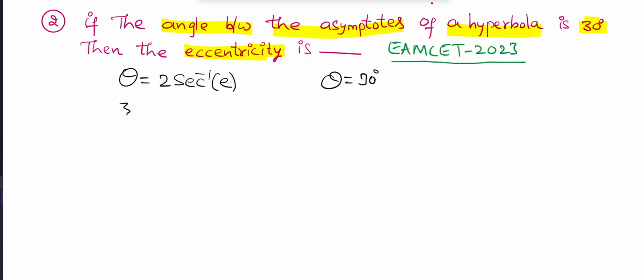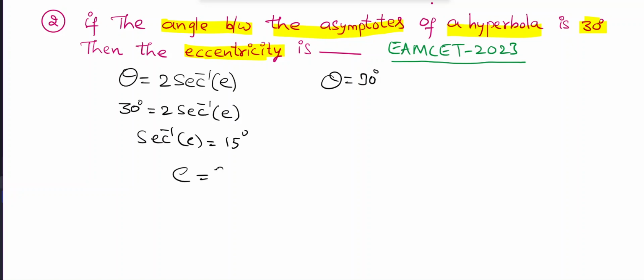Substituting, 30° = 2 sec⁻¹ e. From this, sec⁻¹ e = 30/2 = 15 degrees. So the eccentricity e = sec 15°, which is √6 − √2. This is the answer.